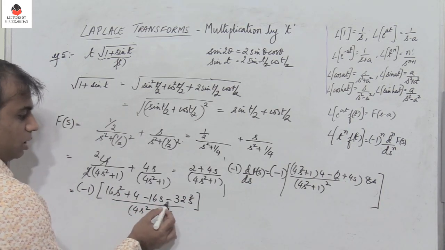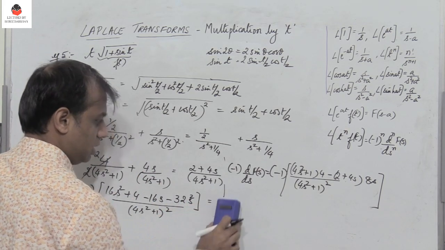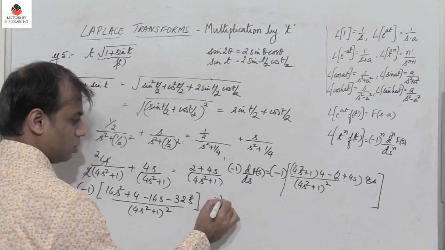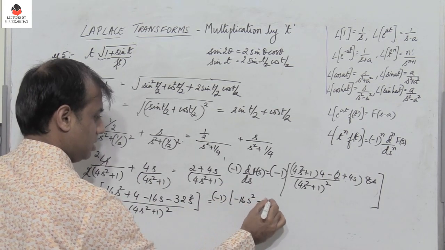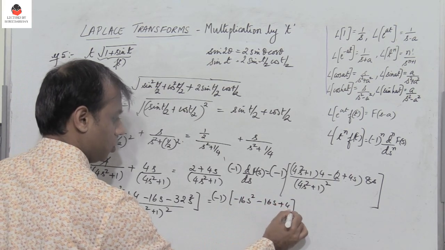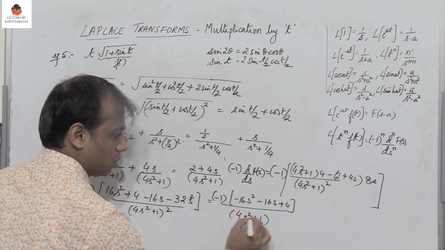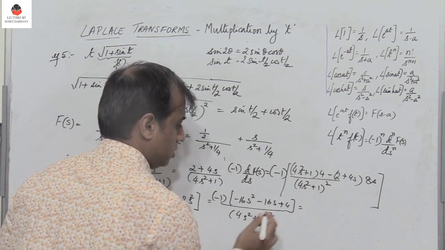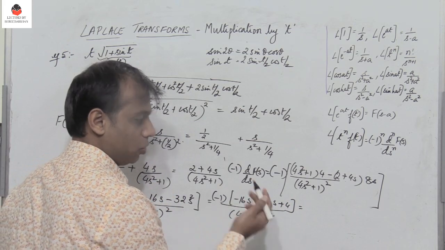So 16s square minus 32s square is minus 16s square. So you have minus 1 into minus 16s square minus 16s plus 4 divided by 4s square plus 1 the whole square. Right? So multiply the whole numerator with minus sign, and you can take 4 common outside.